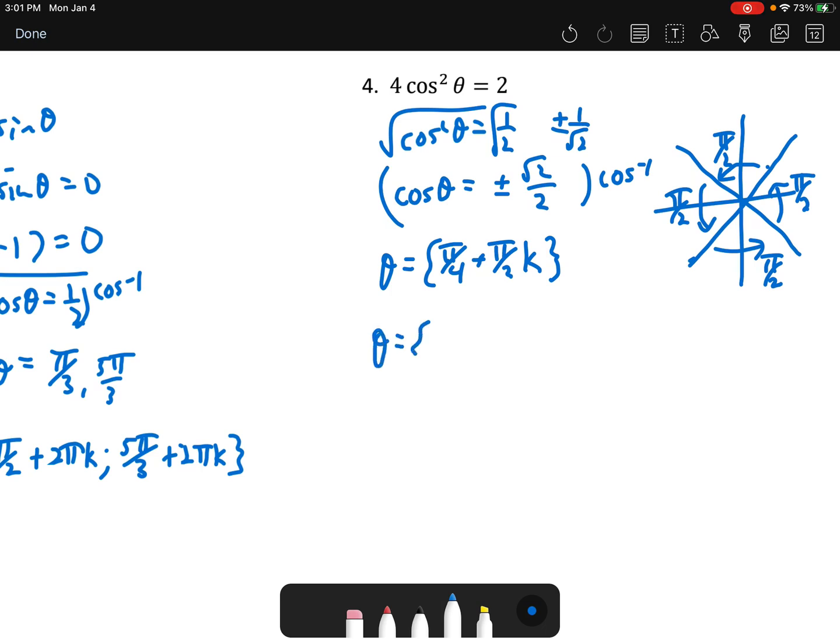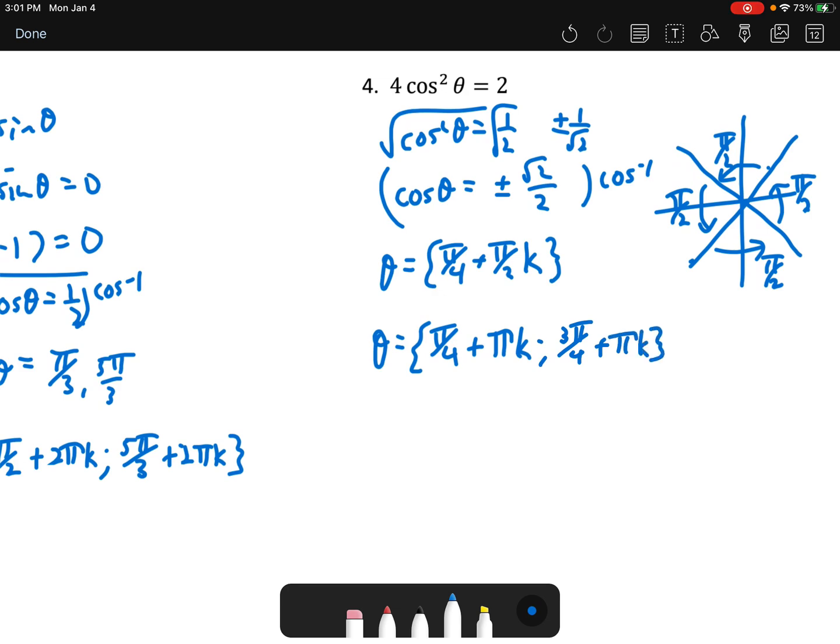Now, if you're not comfortable with that, are you comfortable with that? That would give me pi over 4, 5 pi over 4, 9 pi over 4, 13 pi over 4, and then I could do 3 pi over 4 plus pi k. And that would give me 7 pi over 4, 11 pi over 4.